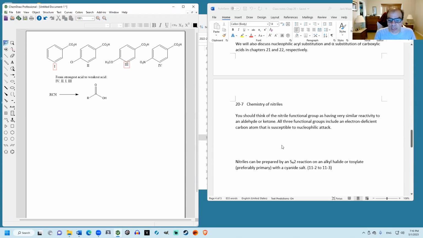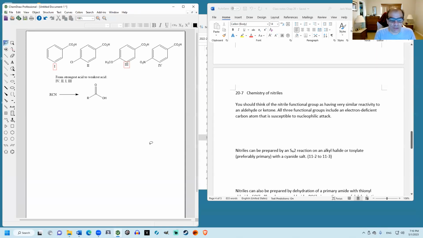Similarly, in order to make a nitrile, one of the best ways is by an SN2 reaction. I'll give you an example. Take 1-iodopropane. Treat it with sodium cyanide, and you will get butanenitrile.